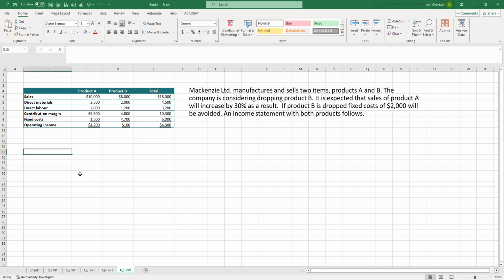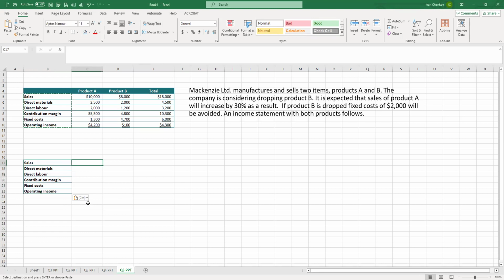First, if we drop it, what's going to happen? Let's pretend we drop it. What's going to happen with the sales? Which product is going to stay?